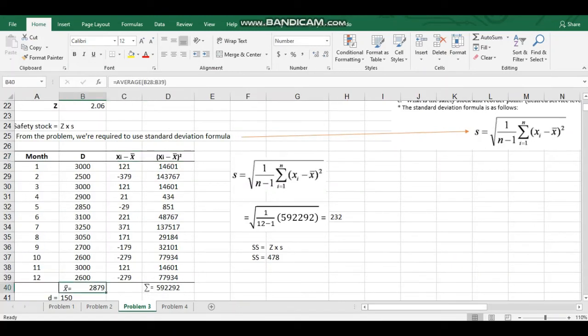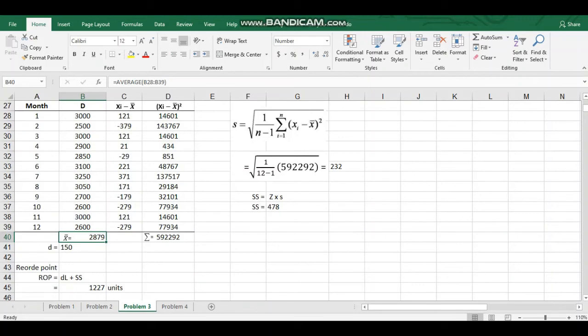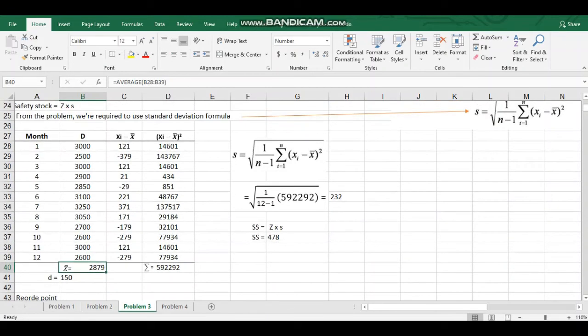But first we have to find the average demand. Just like usual, we total the demand, and then divide by 12 months, because there are 12 months, and we have 2,879 units as our average demand.